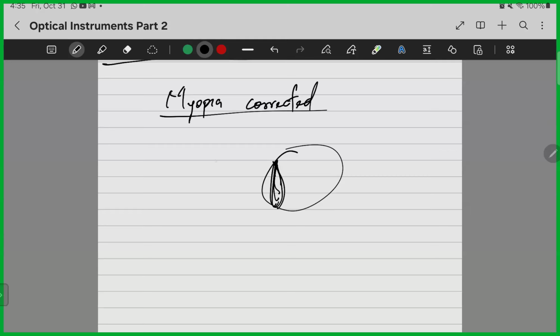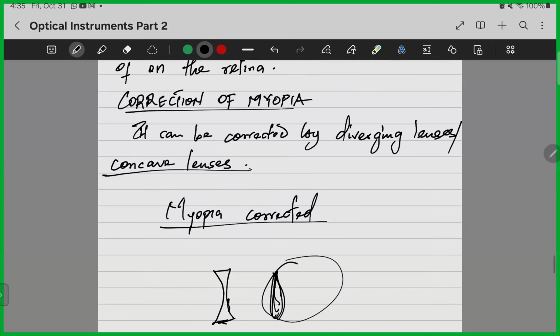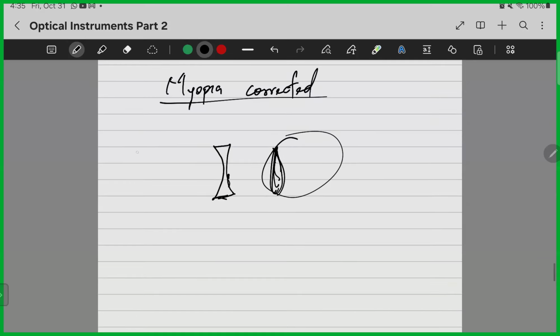And then we put a concave lens or a diverging lens here. When light travels through the lens, normally it goes through the eye. And the eye normally brings it to focus on the retina, but when there is a problem, it doesn't touch the retina.